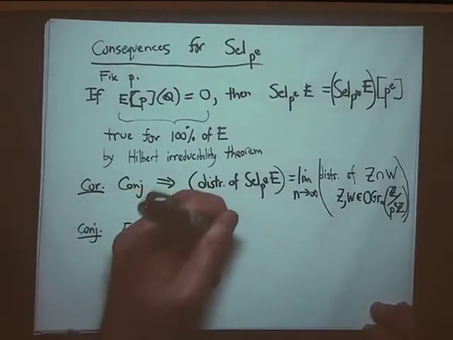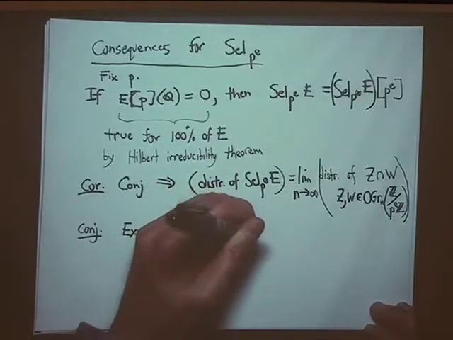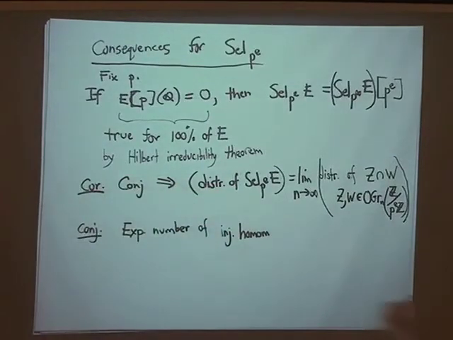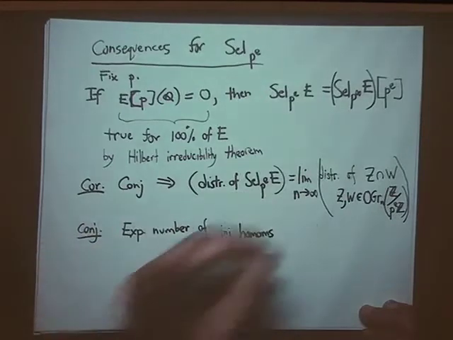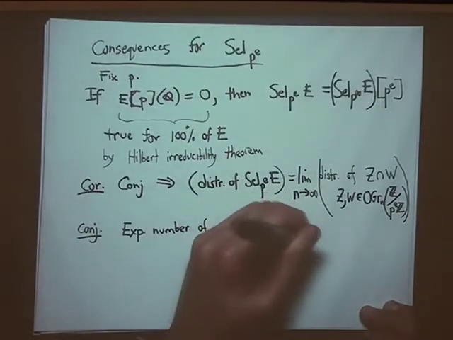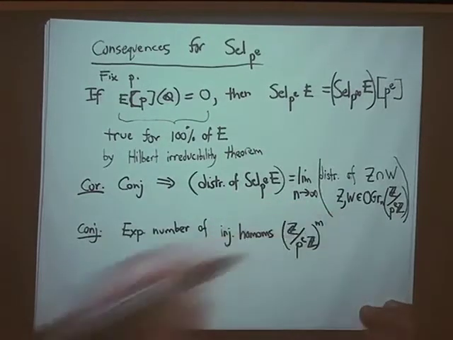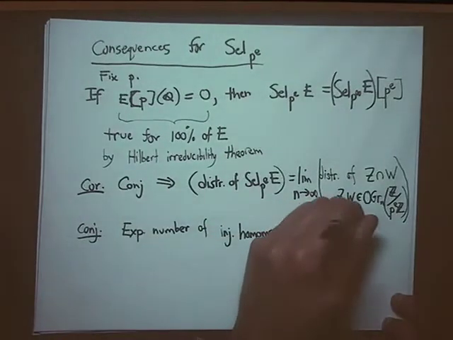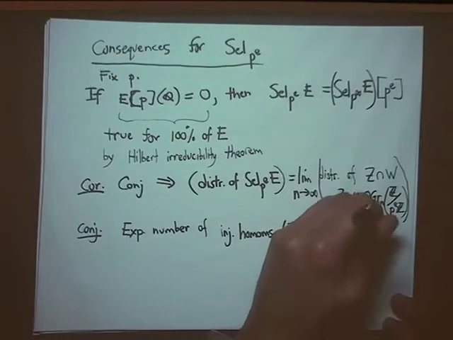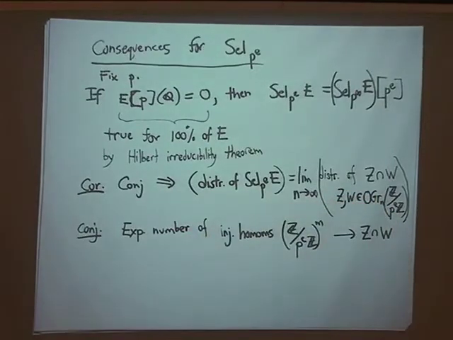So that's if you count, instead of the moments, let me just write this. If you look at maps from this to this intersection, which is supposed to be like the Selmer group.